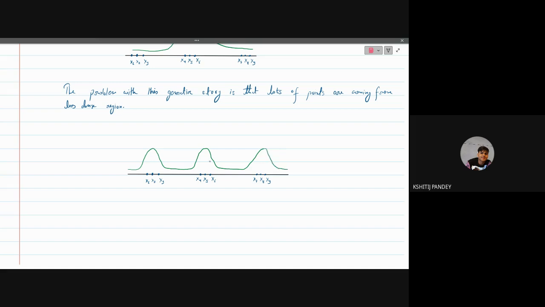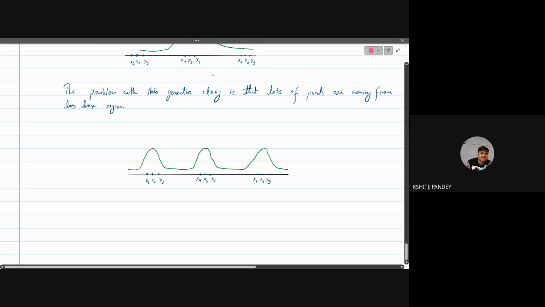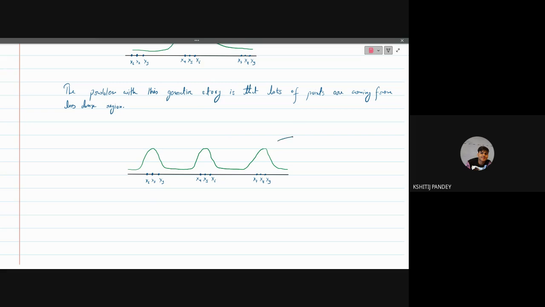We want this type of distribution to generate the data. As you can see here, you have three Gaussian distributions. So this is the Gaussian mixture model. This is called a mixture of Gaussians.